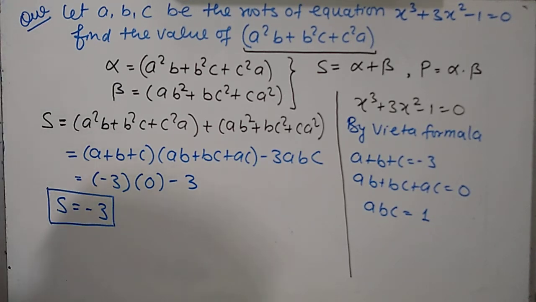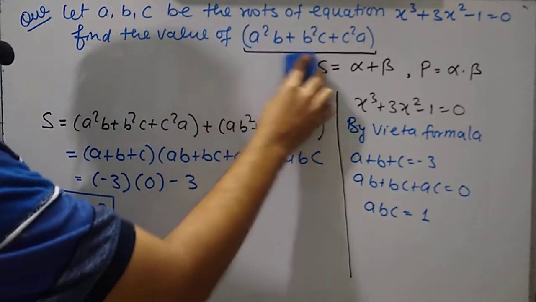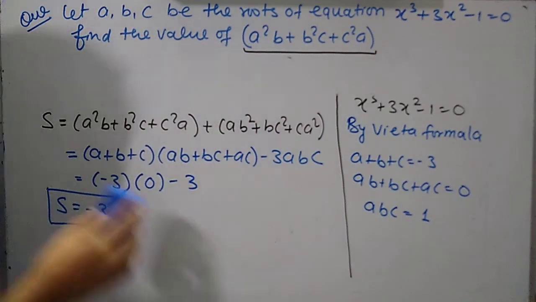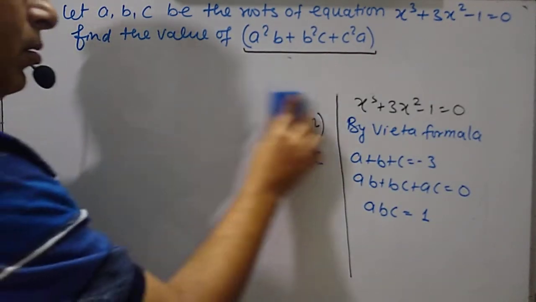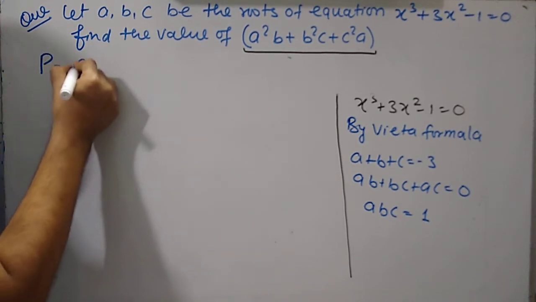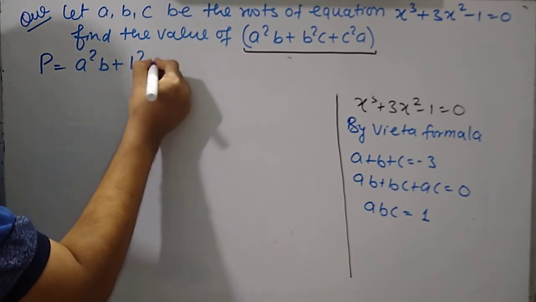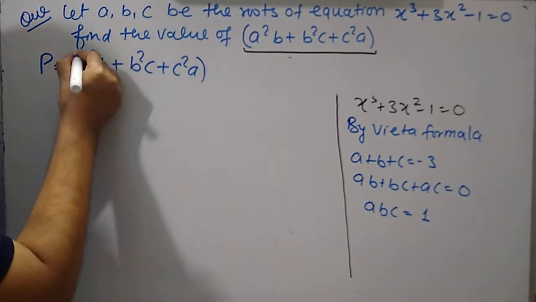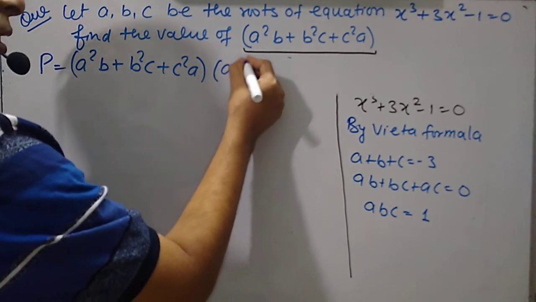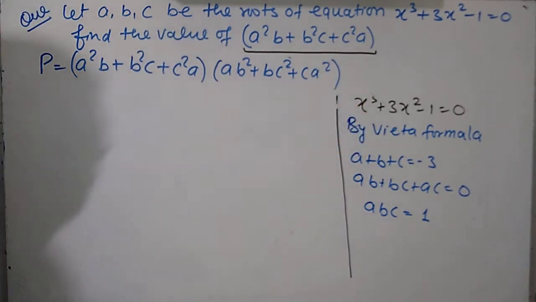Now we have to find the value of P. P equal to (a square b plus b square c plus c square a) into (ab square plus bc square plus ca square).